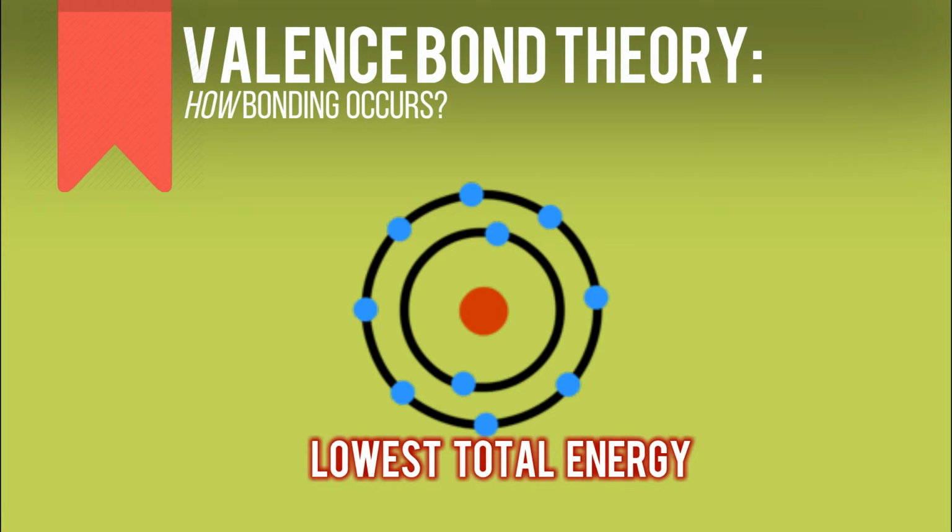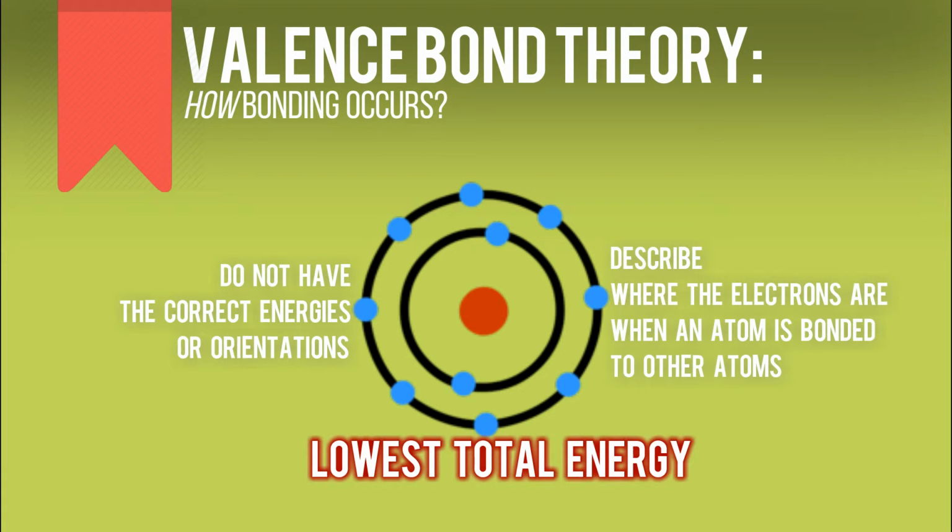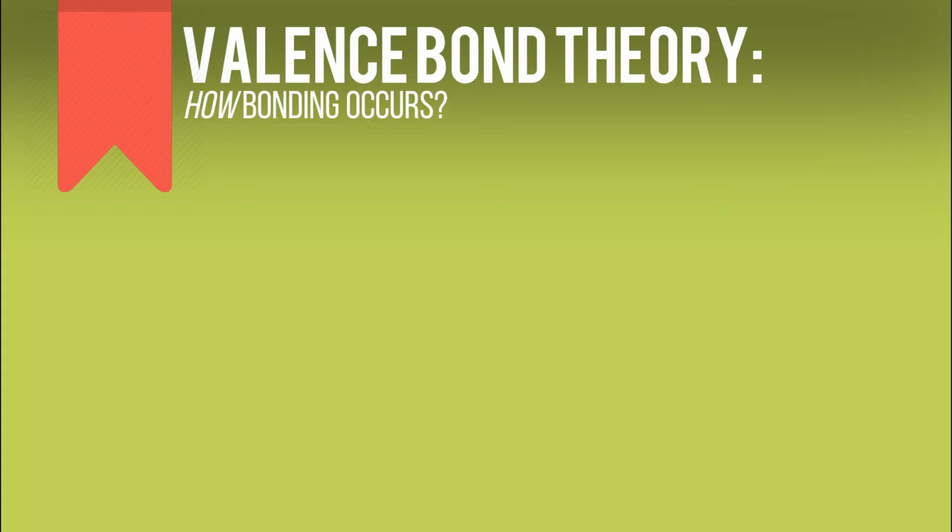Usually, however, these pure atomic orbitals do not have the correct energies or orientations to describe where the electrons are when an atom is bonded to other atoms. When other atoms are nearby, as in a molecular ion, an atom can combine its valence shell orbitals to form a new set of orbitals that is at a lower total energy in the presence of other atoms than the pure atomic orbitals would be. This process is called hybridization.